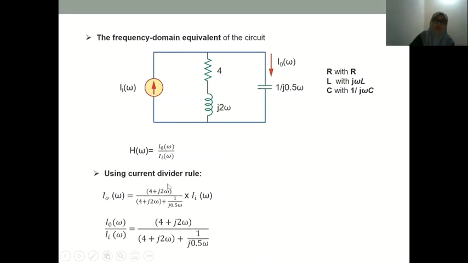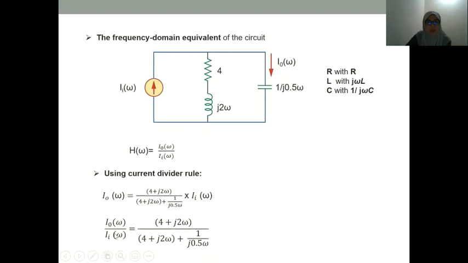Okay, so we can get your I output by using the current divider rule. From the current divider rule, your I here is your Z at this branch, which is 4 plus J2 omega, divided by the total Z, which is 4 plus J2 omega plus 1 over J 0.5 omega, times your supply current.